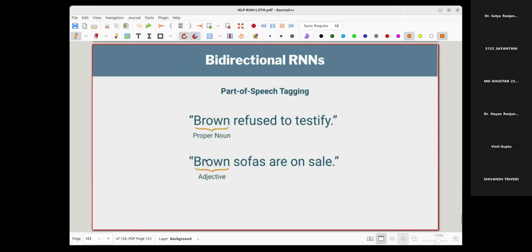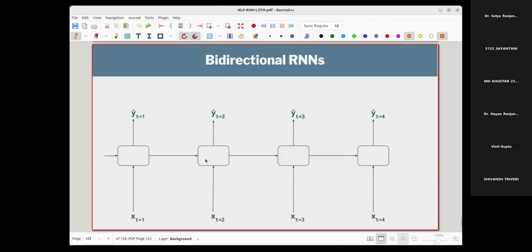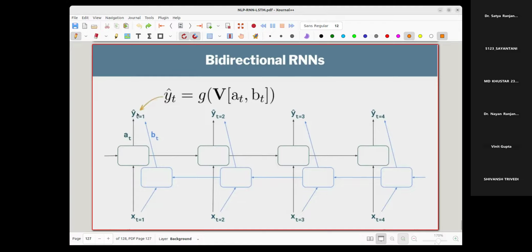That means you need to process from the right-hand side also. So to do that, we add another RNN layer which will pass from right to left. The right-most word will be given as input, then the next word, then the next, and both will be combined as the output YT cap. This kind of architecture is called a bidirectional RNN.